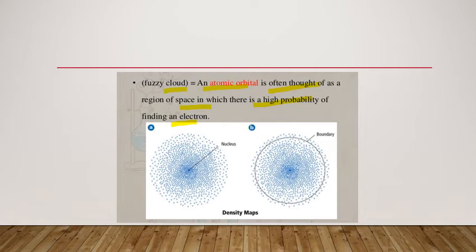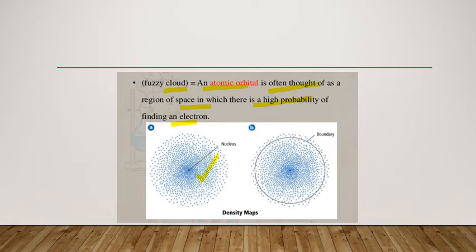The inner part is more dense and the outer part is less dense. So the higher dense part gives us the higher probability of finding an electron.